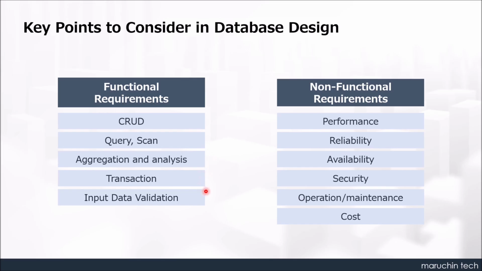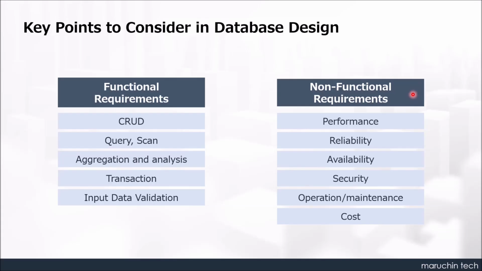For example, a functional requirement might be: we need to retrieve sales data for a specific product over a specific period. On the other hand, requirements unrelated to specific functions, such as database performance, reliability, availability, security, maintainability, and cost, are called non-functional requirements.